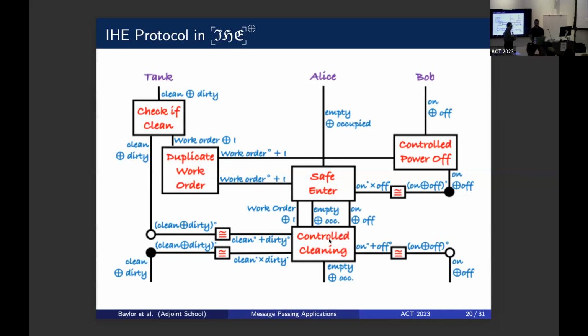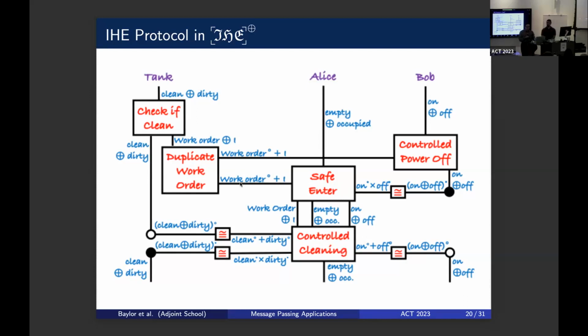Yeah, so basically how the circuit is working is it's just a very complicated conditional. Each of these cells can be broken up into simpler cells. If you look at safe enter, this is representing when it's safe for Alice to enter the tank. There you can see that there are a few conditionals. Remember, plus was the type representing a conditional.